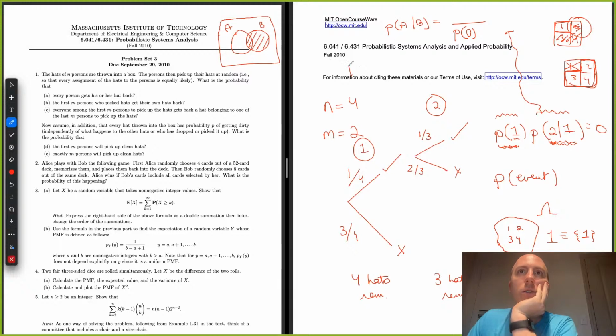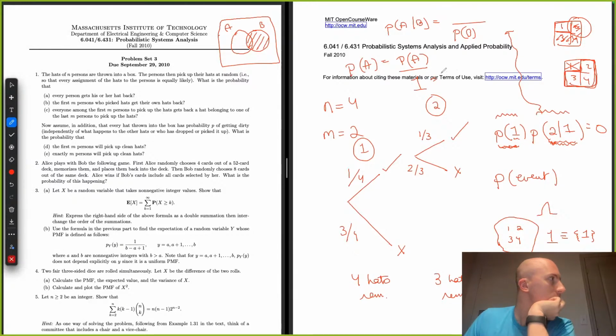Recall that the probability of A is equal to the probability of A over 1, where 1 is the probability of omega. Maybe that's a better way to think of it: the probability of A is equal to the probability of A over the probability of omega.